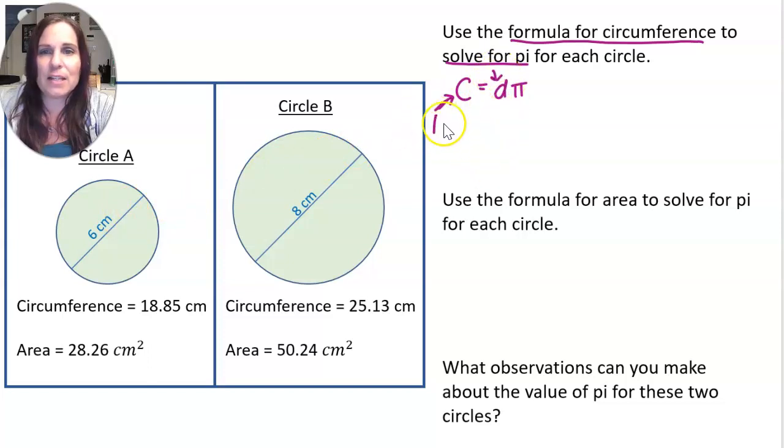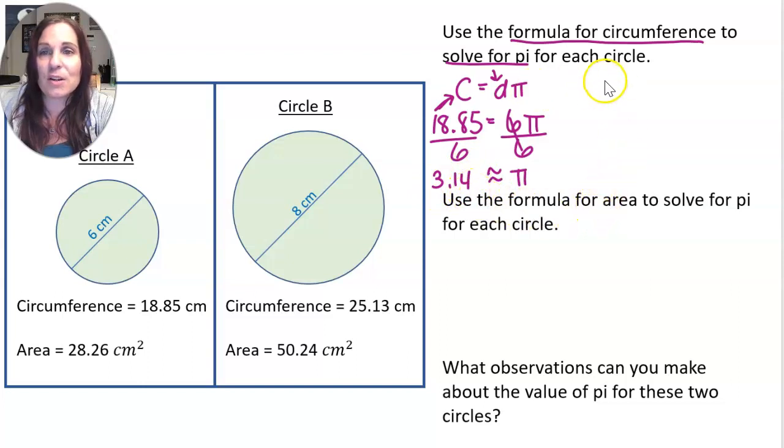So I'll have 18.85 equals 6 pi. I'm trying to get the pi alone, so I have to undo multiplication by 6. How do I undo multiplying by 6? Divide by 6. Yes. And I get that pi is approximately 3.14.